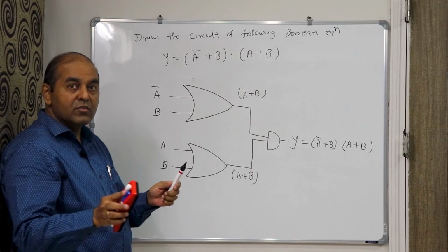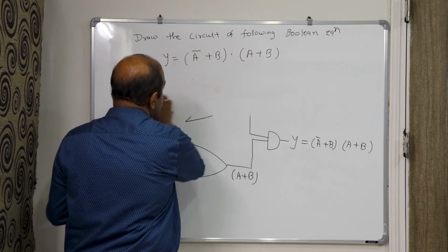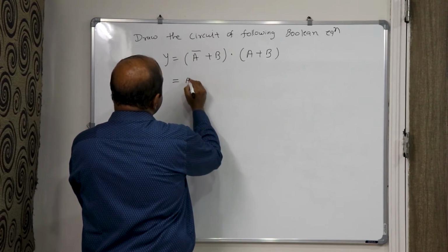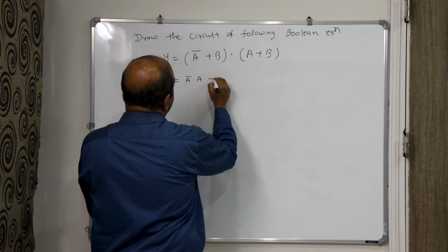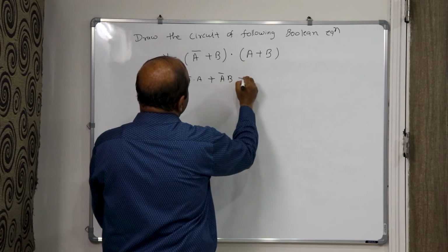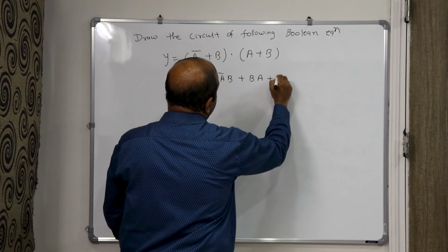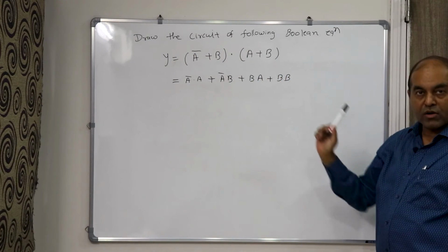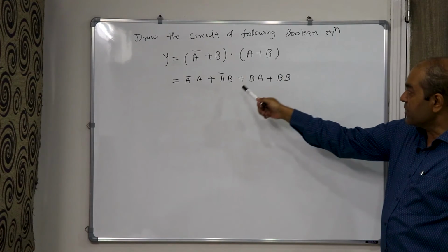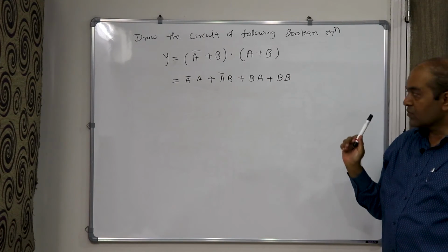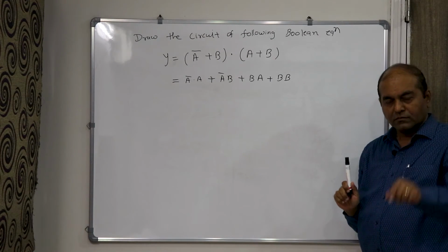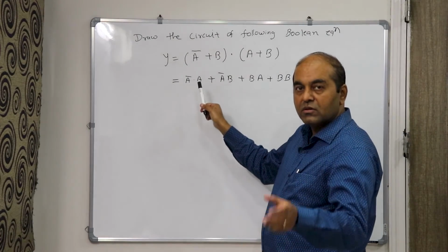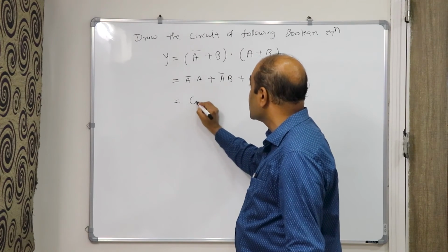Now apply Boolean algebra to simplify this equation. A bar dot A plus A bar B plus B A plus B B. A dot A bar, by Boolean rules: if A is 1, A bar is 0, 0 into 1 is 0.